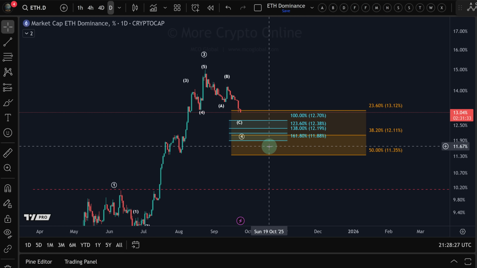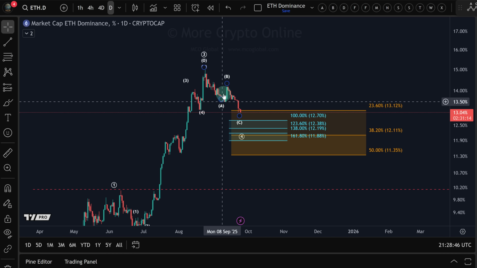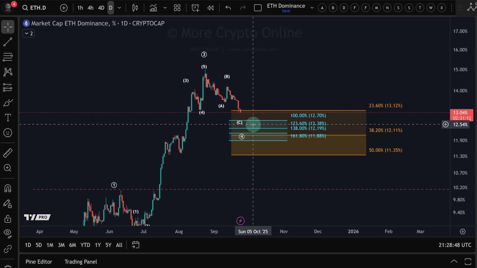This is a standard support area for a wave 4, but we can narrow that down a little bit by identifying the ideal target range for the blue zone. The blue zone indicates that ideal zone. That's based on the length of the A wave, and we know that a C wave often has the same length.